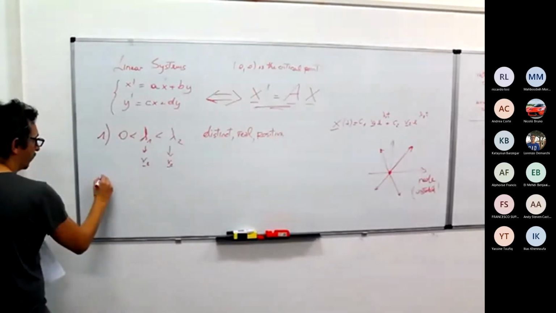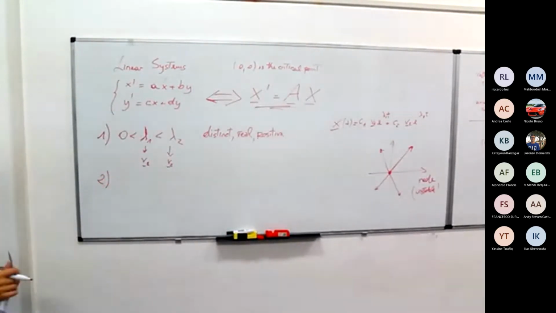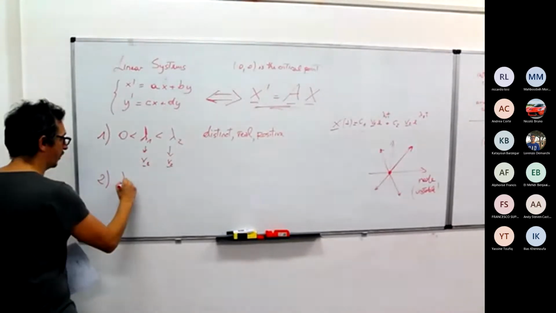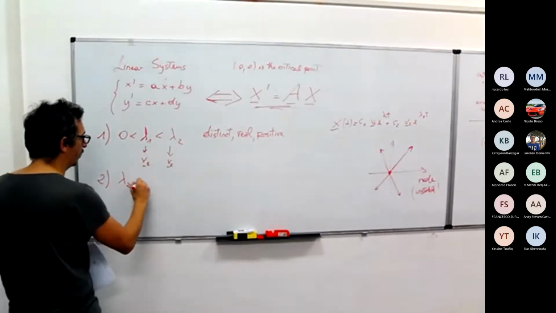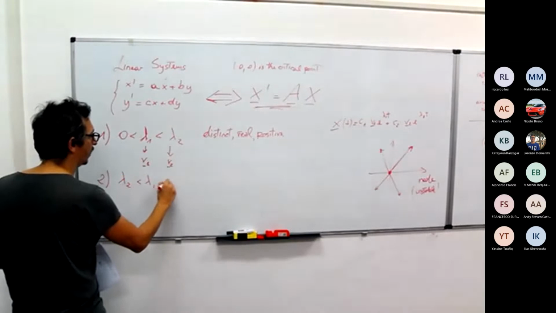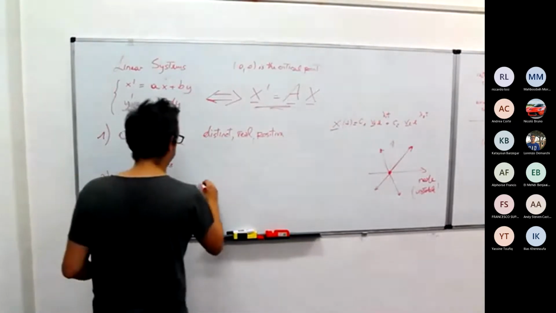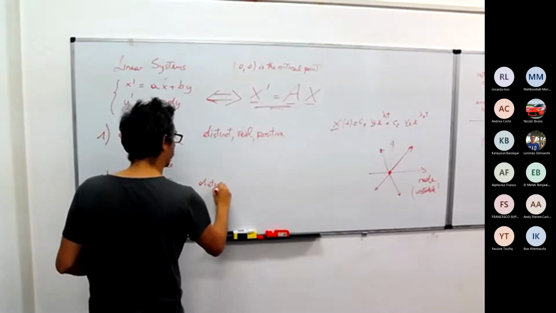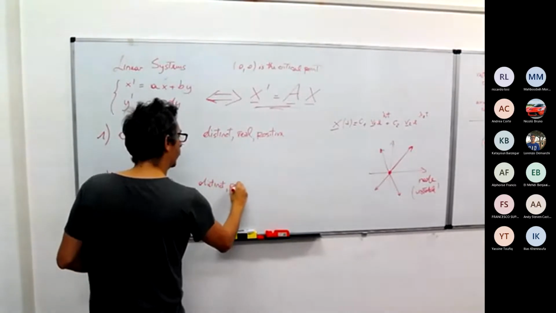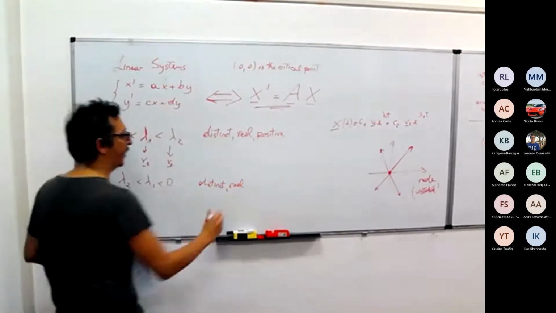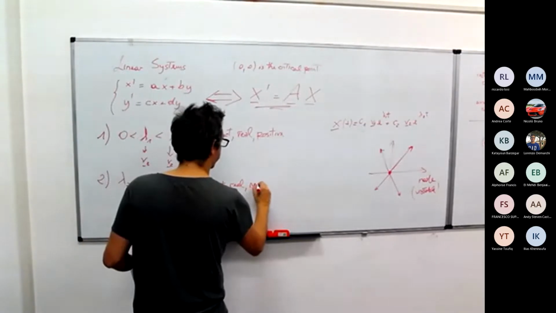The second case is an easy case because I'm considering now lambda 2 less than lambda 1 less than 0. So again, I have two distinct real eigenvalues, but now they are both negative.